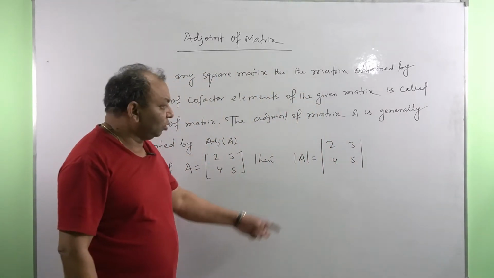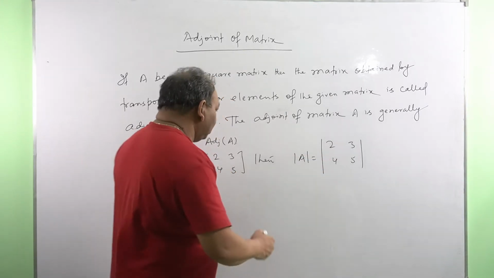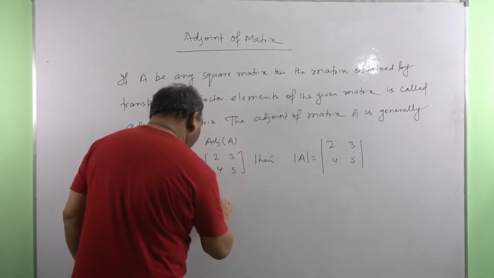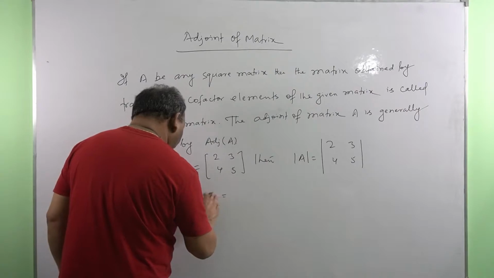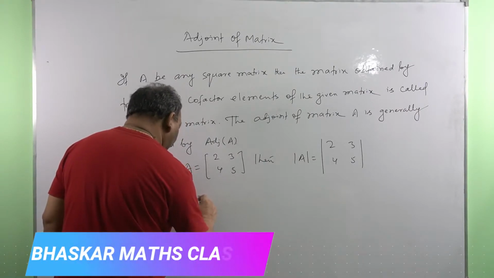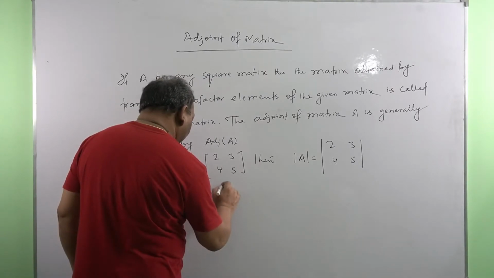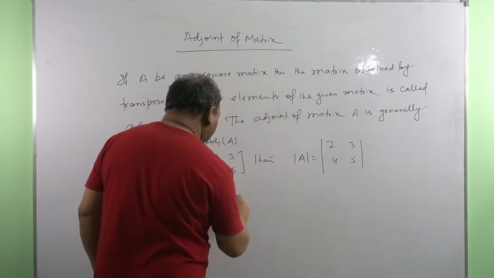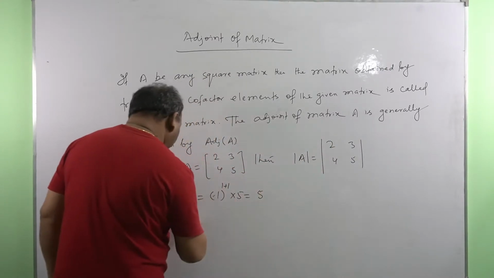First of all, find cofactor of the elements of this determinant A. So cofactor of the element 2, that is A11, is minus 1 to the power 1 plus 1, hide first row and first column, into 5, that is plus 5.